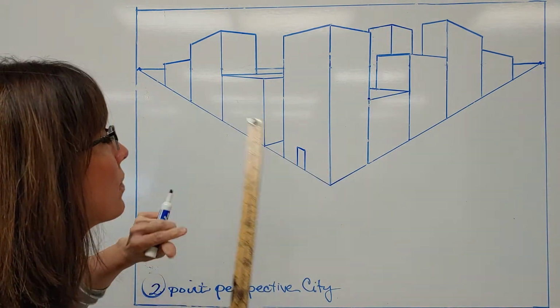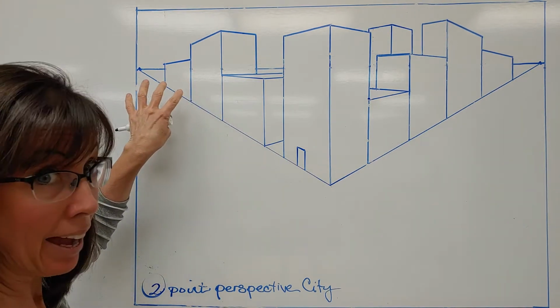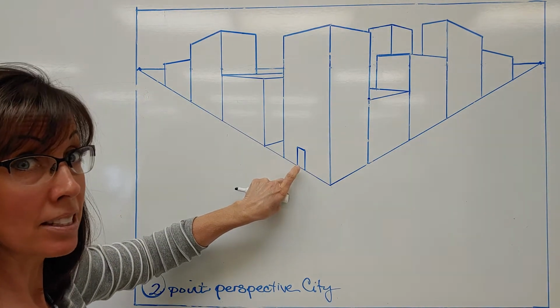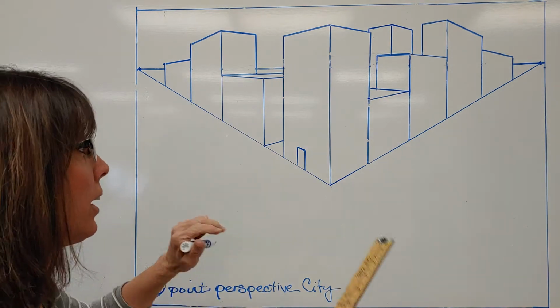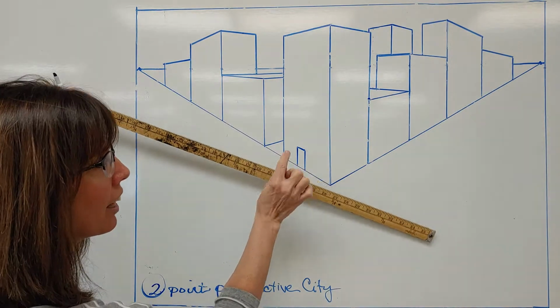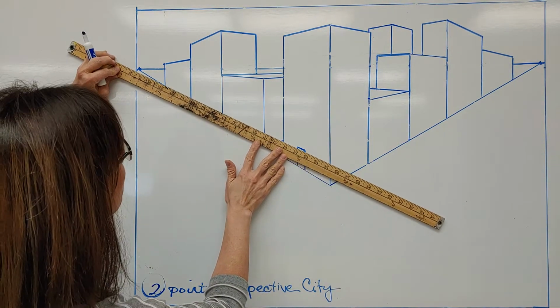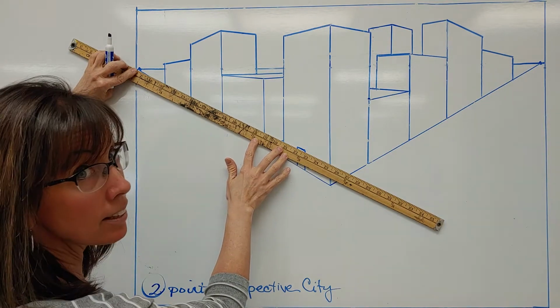Okay, you see that? If I want a door on the buildings further back and I want them to be the same height, most doors are the same height, then I simply would, watch this, take my ruler, line it up with the first door I've established. It's going to the left vanishing point. See that?